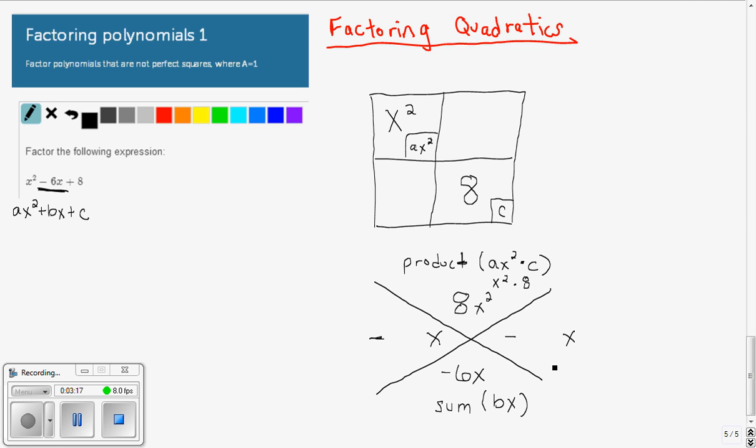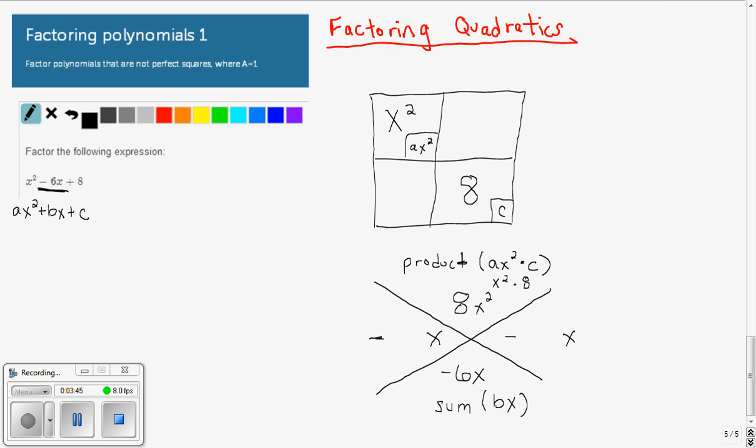Now I just start with my factors of 8. I can say negative 1 and negative 8. That would multiply to the right thing, but it would not add to the right thing, so that doesn't work. Okay, negative 2 times negative 4 would multiply to a positive 8. Negative 2 plus negative 4 would in fact give me negative 6.